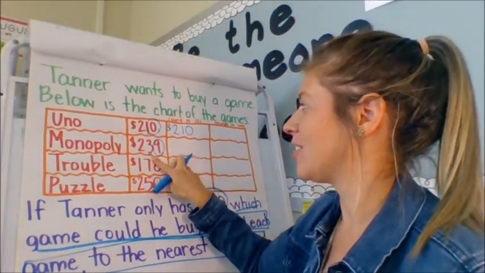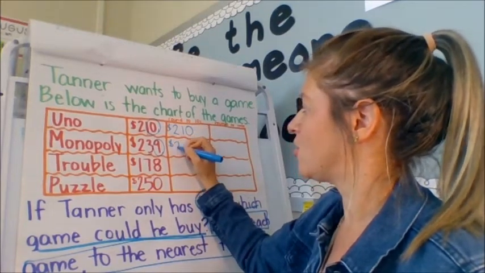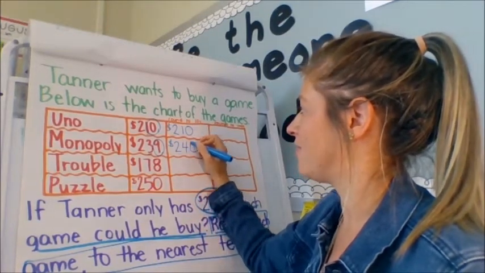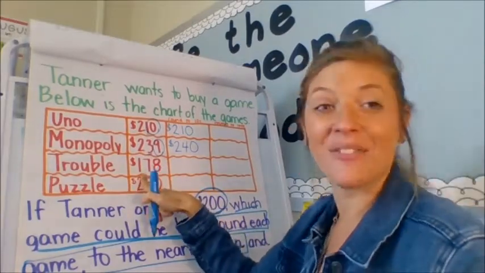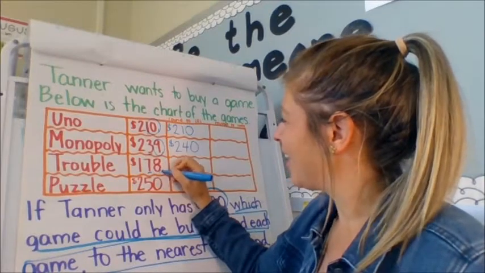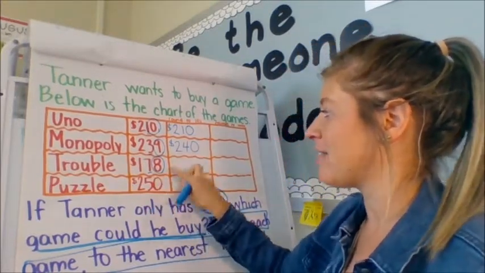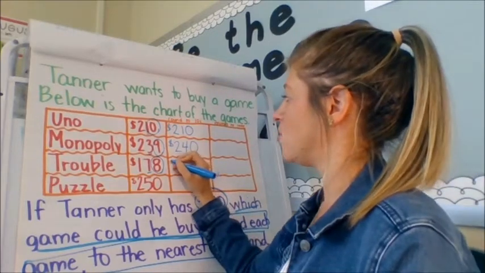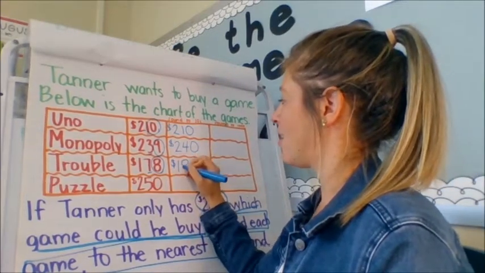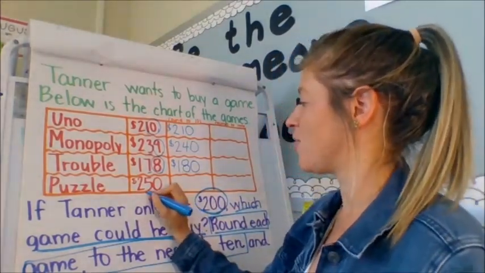The 9 will tell the 3 to soar. 240. 178. Press pause and solve. We are going to underline the 7, circle the 8, and that 8 will tell the 7 to soar. And last but not least, 250.